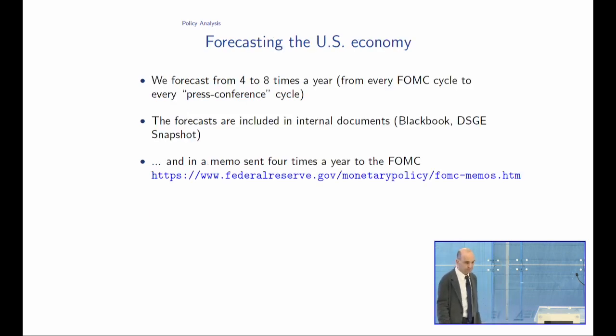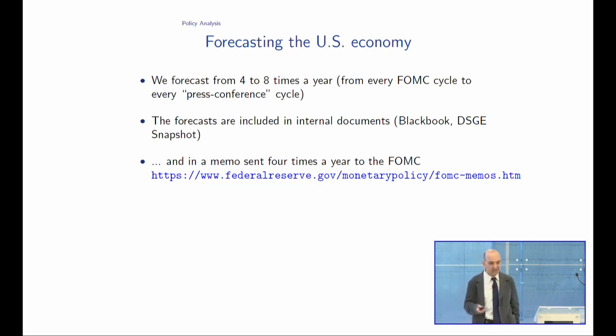So we use this model for forecasting. We do this pretty much every cycle. And 4 times a year, so it used to be press conference cycle, now the press conference is every cycle, so those slides are outdated.